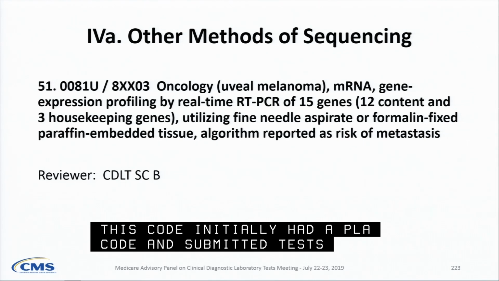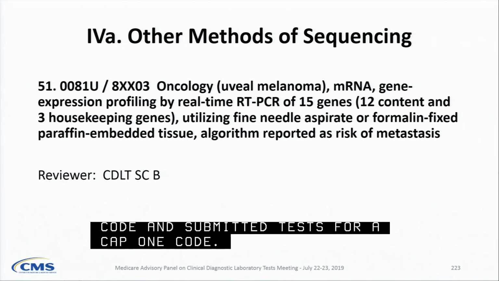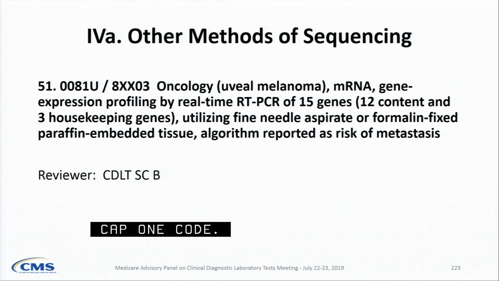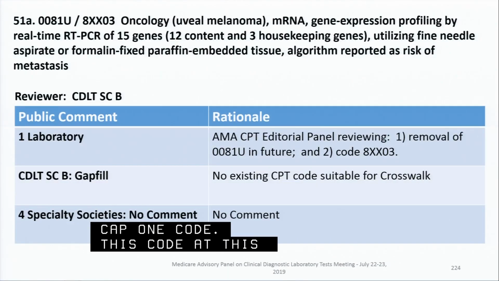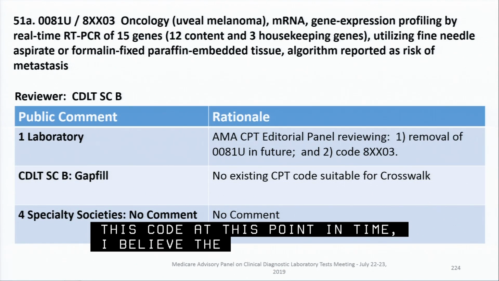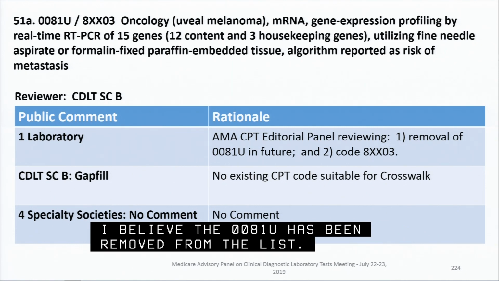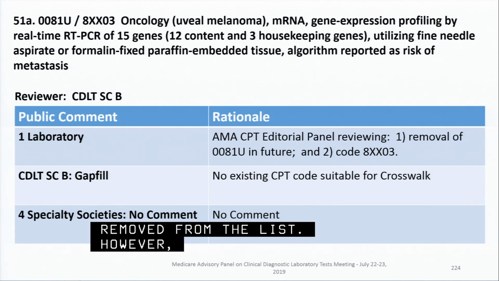So this code, at this point in time, I believe 0081U has been removed from the PLA list. However, 8XX03 has yet to be reviewed by the AMA CPT editorial panel.